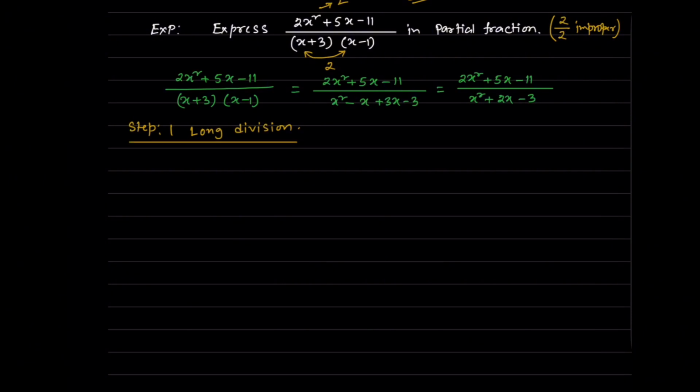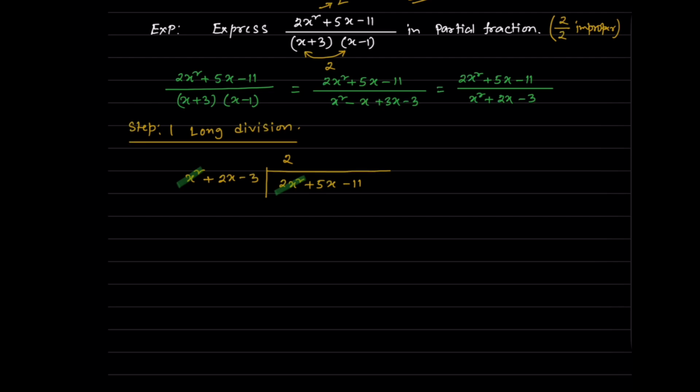Here we have x square plus 2x minus 3 as our divisor, and the dividend is 2x square plus 5x minus 11. To do the long division, we divide the inner first term by the outer first term. If we do that, we get 2 outside.